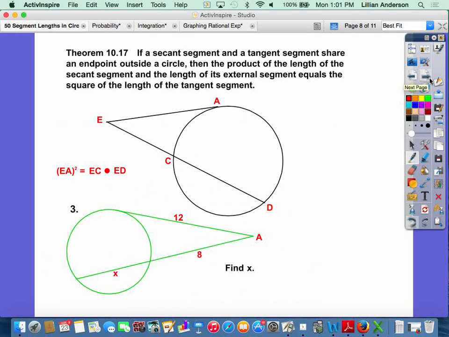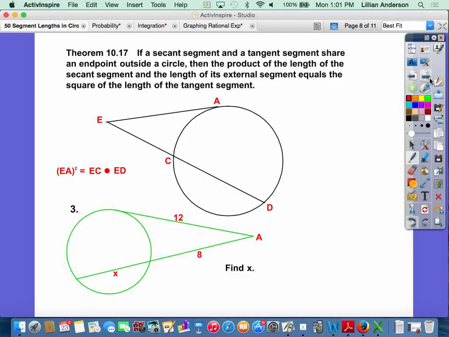And the last type, if you have a tangent and a secant, what you do is you take your tangent and you square it, and you set it equal to the external secant times the whole secant.